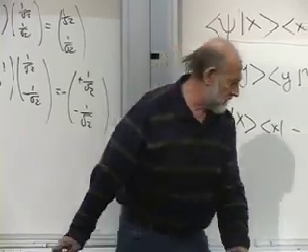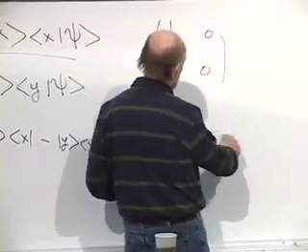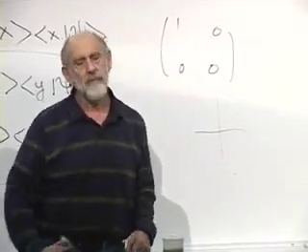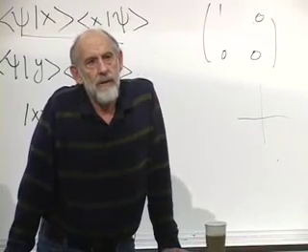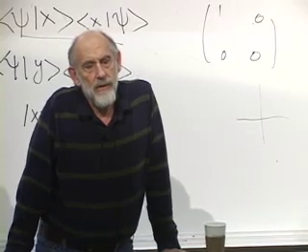If you're polarized on the y-axis, having passed through the polarizer, you have a 50% chance of being 45 degrees either way, zero probability of being perpendicular to that polarization.